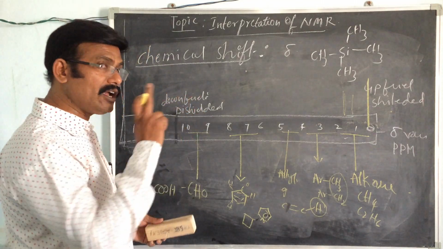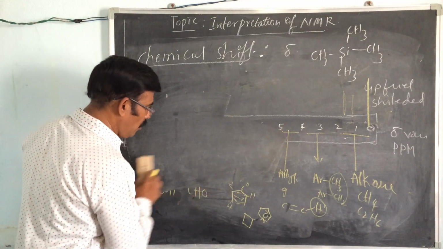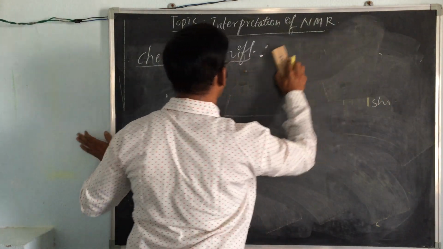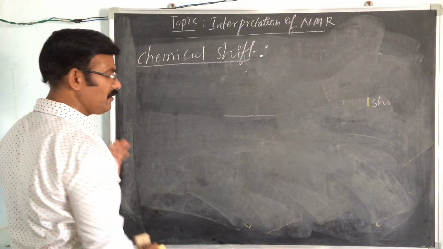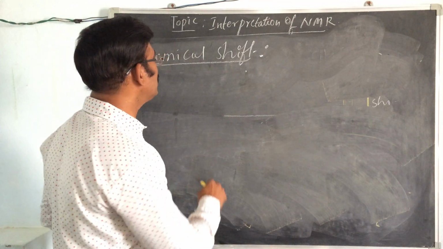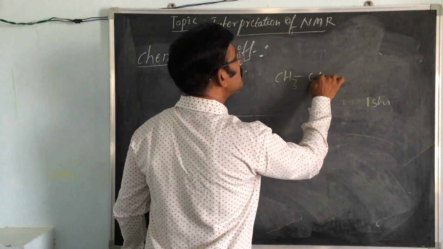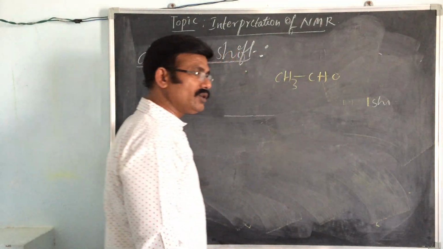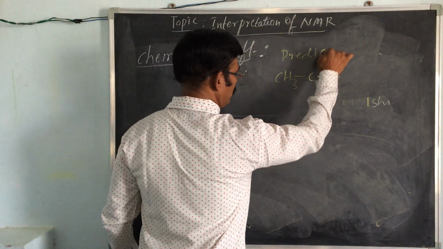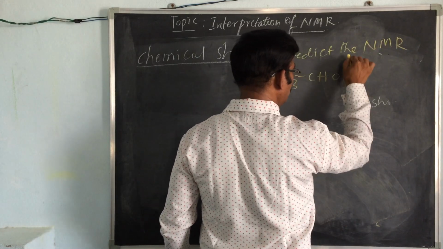We have to analyze 1 or 2 compounds. There is no time now, so we will analyze at least 2 compounds. If time permits, we will explain that also. So now see the example, CH3, CH4. What is the question? Predict the NMR of this compound.